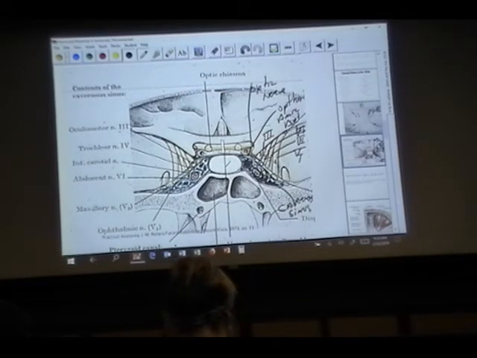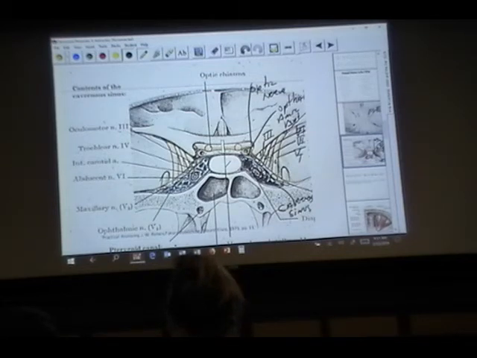Blood vessel drains in here from the orbit. What blood vessel? No. Well, there is an emissary vein, but not from the orbit.